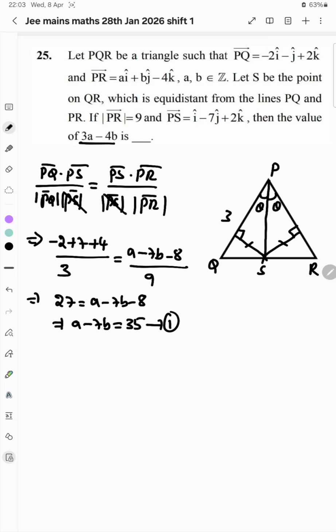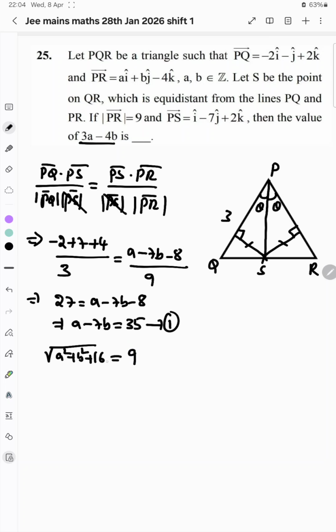Okay, fine. Now they already gave the magnitude of PR as 9. We know the point P and the point R, so PR bar is given and its magnitude is 9. So we can write root over A square plus B square plus 16, 4 square, equal to 9.